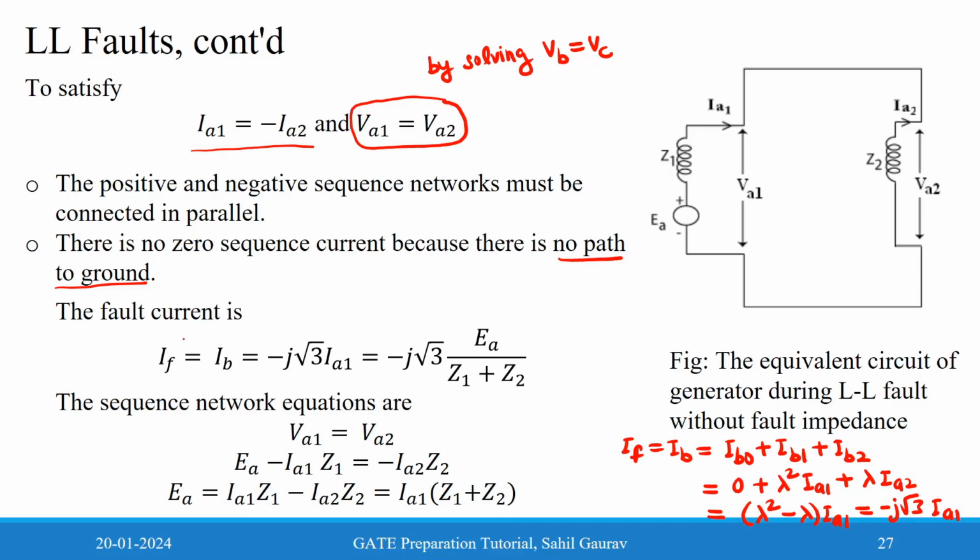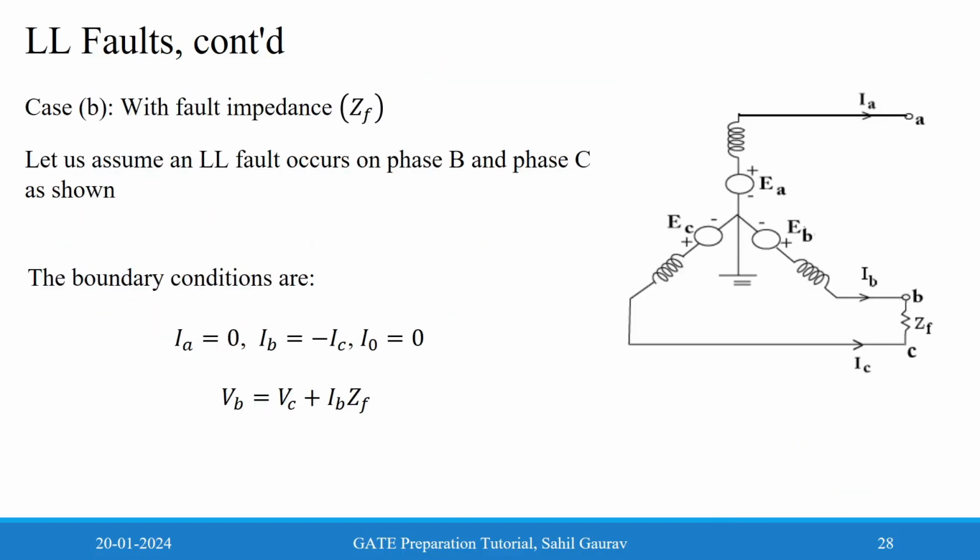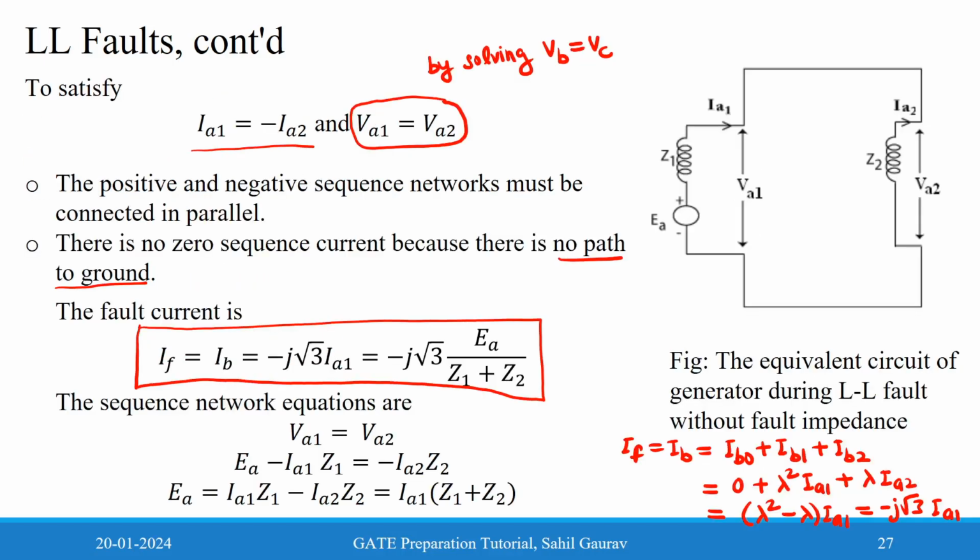So this is the most important part for any fault. You have to remember this fault current so that you can solve the problems in the GATE exam. Sir, at last we have to consider the mod value, no, sir? Yes, the magnitude, the mod value.